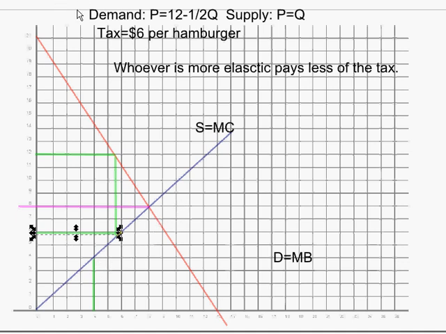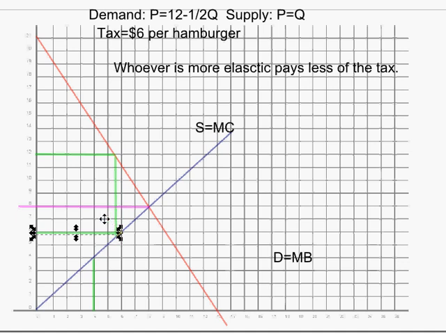And so we jammed that $6 gap between the demand and the supply curve in there to see that the quantity is about 5.5, but that's not really what's important. What's important is who pays how much of the tax in this case. Well, the consumers used to pay 8 and the producers used to pay 8 before this tax. But now that the demand curve is much steeper, you can see that their price went up about $4 and the producer's price went down by the other 2.